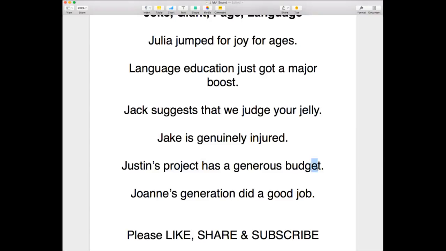And notice here, budget sounds more like an I than an E. A budget is a limited amount of money. So how much money do you have for that project? It's like if you're going shopping, what is your budget?